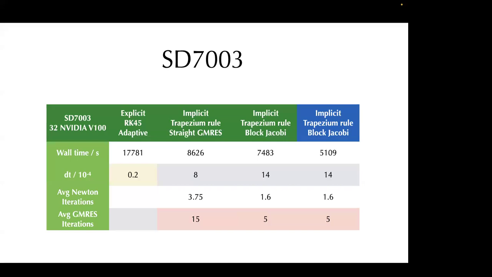In other words, this is showing much better scaling as elements are shrunk than explicit and straight GMRES, to the point where now the implicit trapezium rule with single precision block Jacobians is the most efficient.